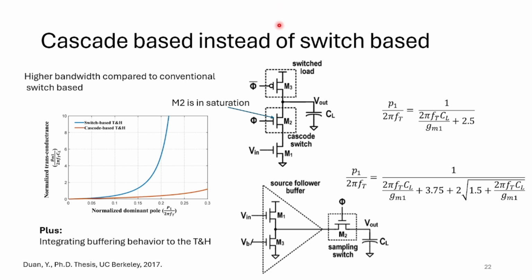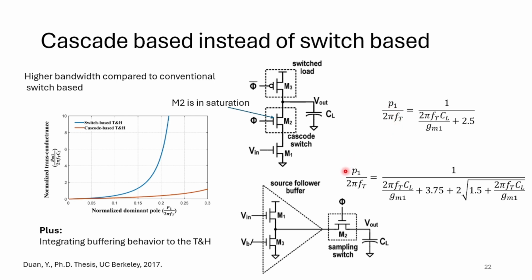Also, you can use a cascode-based approach instead of a switch-based one, and integrate the buffering with the switching. Here you can see the source follower that I mentioned before compared to a cascode switch with a PMOS triode load. If you do the equations, you see that in this case the main pole at the output is closer to fT, which is a reference related to the technology.